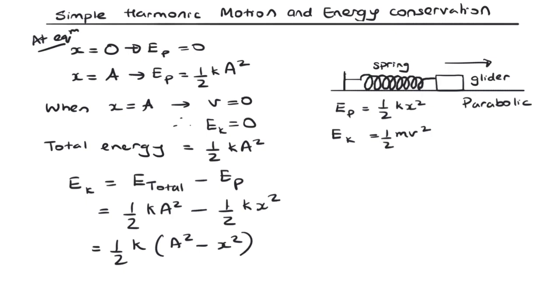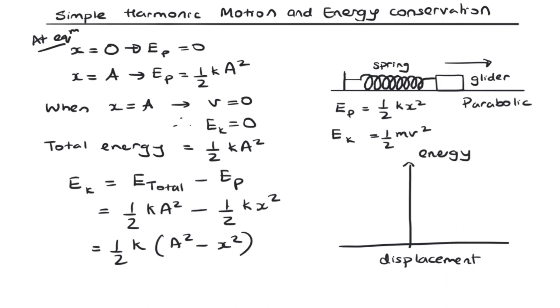And so if you were to draw a graph of these two energies, let's say you are drawing the kinetic energy graph, then we have the displacement on the x-axis and the energy on the y-axis.